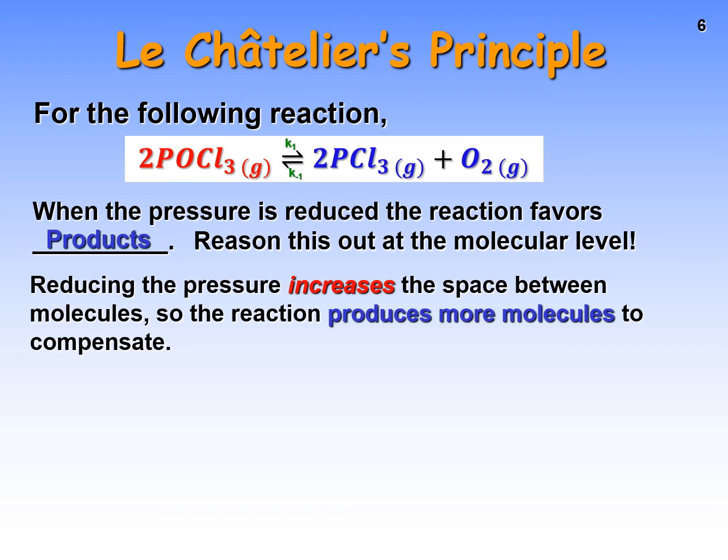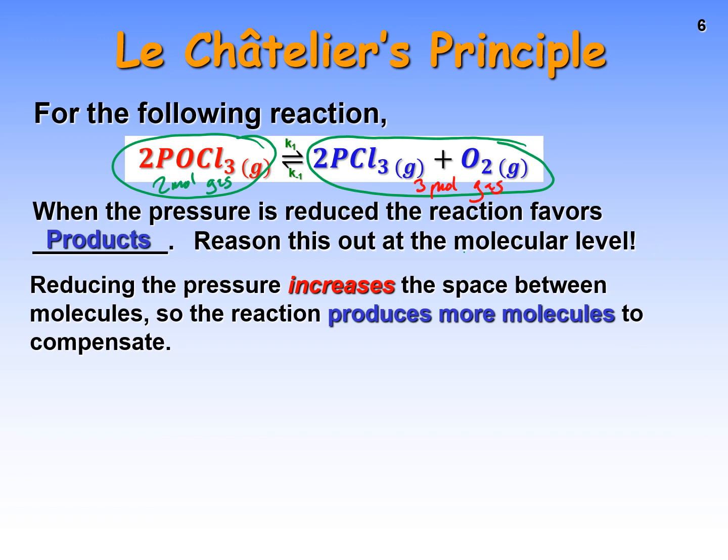So we need to really compare the moles of gaseous products total to the moles of gaseous reactants. In this case, we have 2 moles of gas here on the reactant side, and we have 3 moles of gas on the product side.